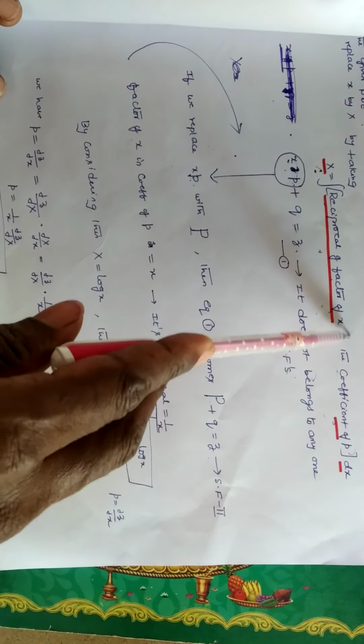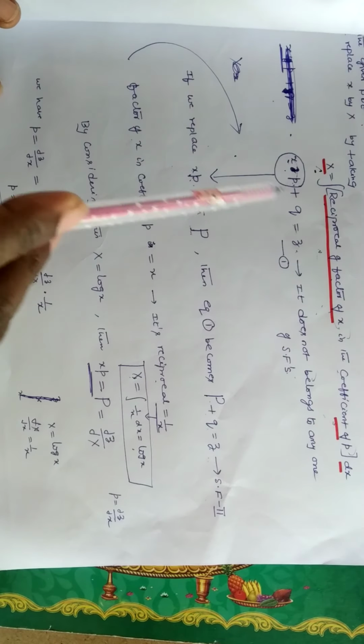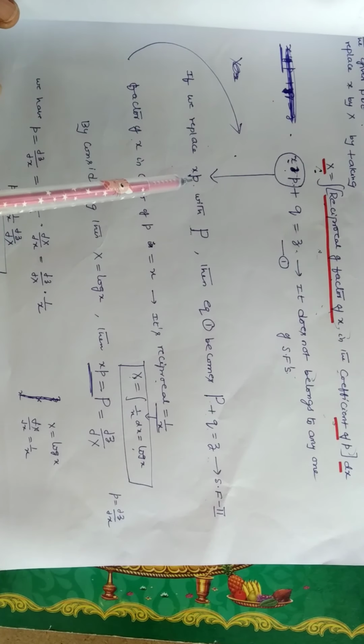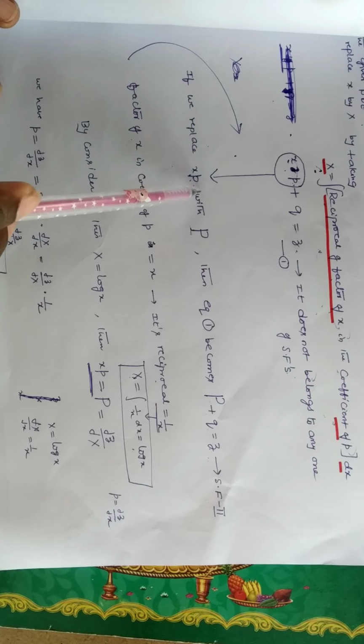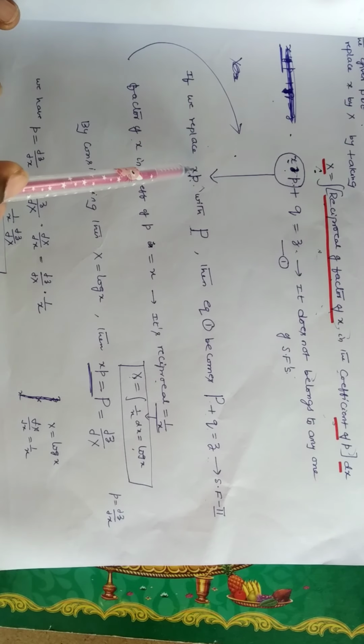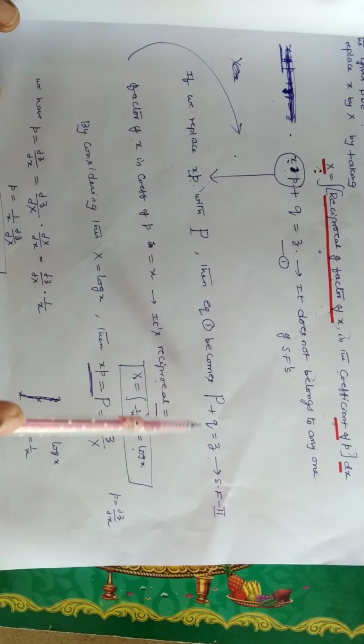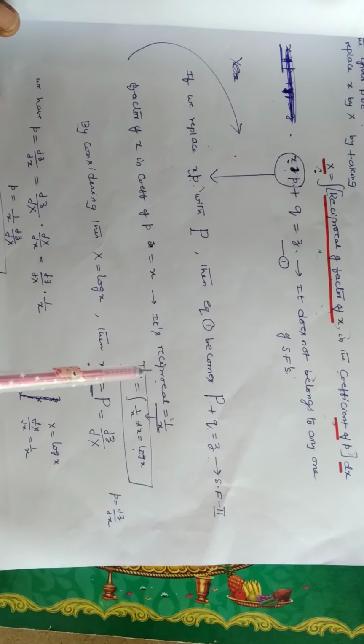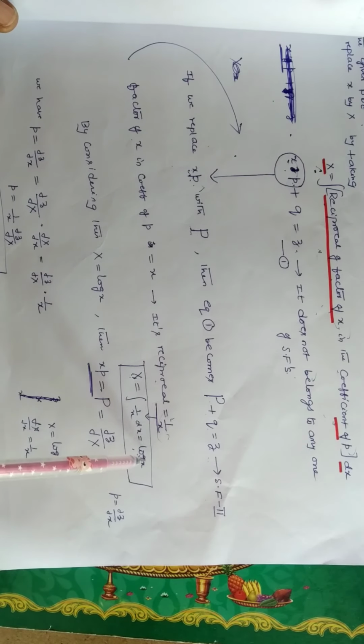We consider the reciprocal of the factor of x. Here the factor of x in the quotient of p is small x. Its reciprocal is 1 by x. So to find capital X we consider its reciprocal. That means the integral of 1 by x dx equals log x. That means by taking capital X equal to log x, we take x into small p equal to capital P.